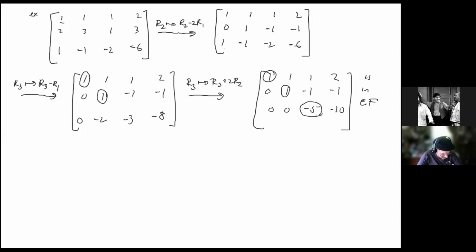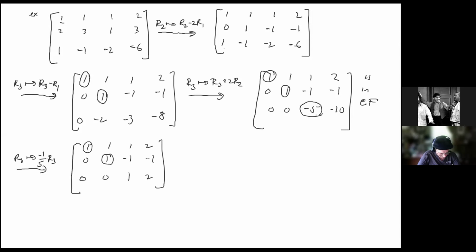So I can take row 3 and replace it by minus a 5th row 3. And that gives me 1, 1, 1, 2, 0, 1, minus 1, minus 1, 0, 0, 1, 2. And I'm going to circle the pivot locations.